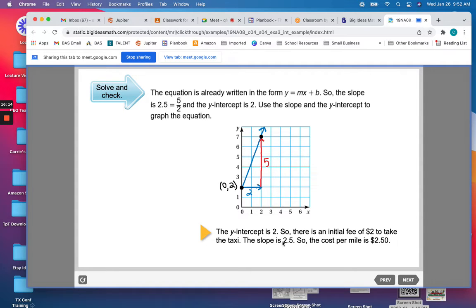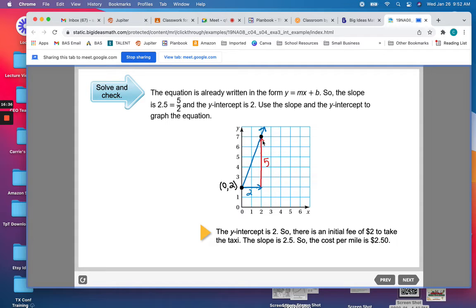So that's how you interpret that. The slope is 2.5 over 1, so for every mile I go, it's going to cost me $2.50. See how this line is right here in the middle between the 5 and the next mark? So that's up 2.5, and then up another 2.5.